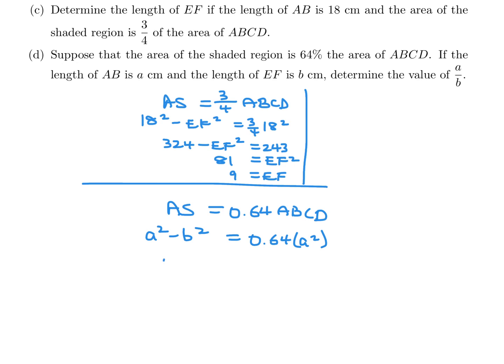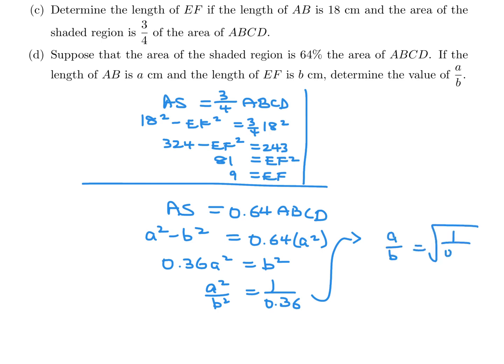And then that's going to be 0.36 A squared is B squared. A squared over B squared would be 1 over 0.36. And then therefore A over B would be the square root of 1 over 0.36. And this actually works out to be 5 over 3.